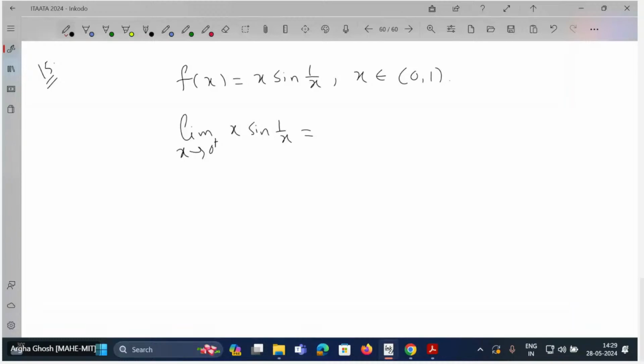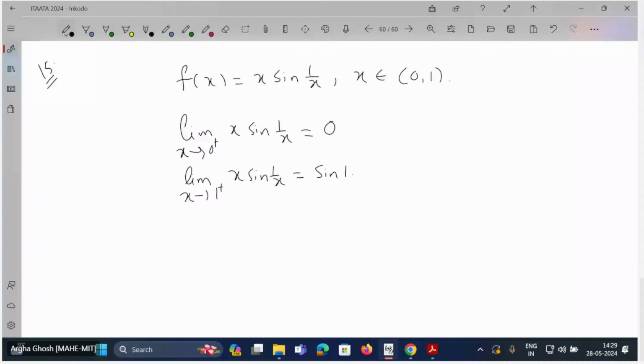What is this limit? It is 0. Why? Because x tends to 0 and sin 1 by x is a bounded function, so together it will be 0. So this limit exists, and the limit as x tends to 1 of x sin 1 by x will definitely exist and it will be sin 1. So both limits exist. Therefore f is uniformly continuous on (0, 1).